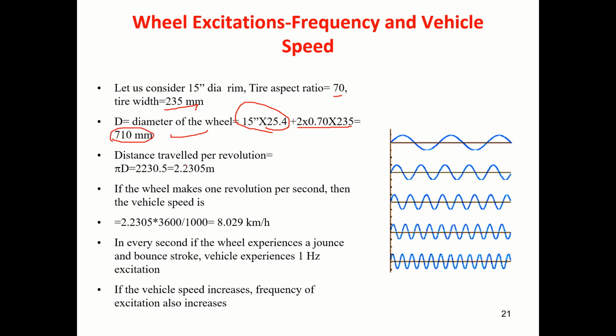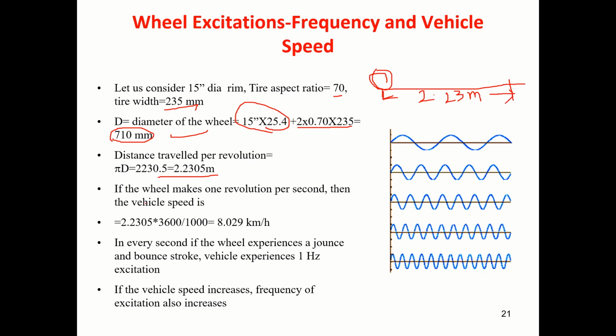So the distance traveled in one revolution of the wheel, as it rolls like this, is going to be 2.235 meters, say 2.23 meters.